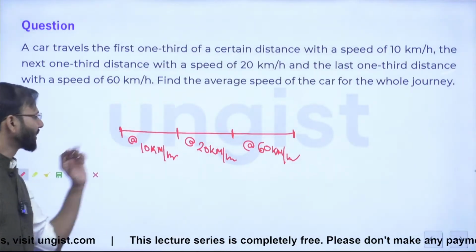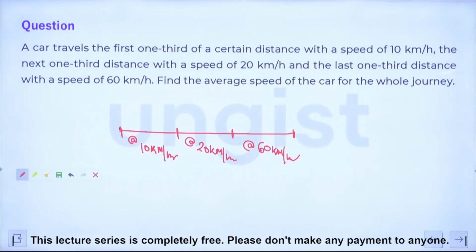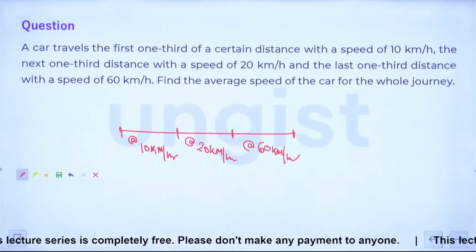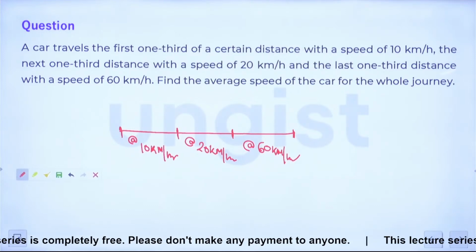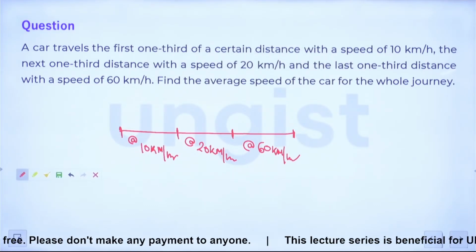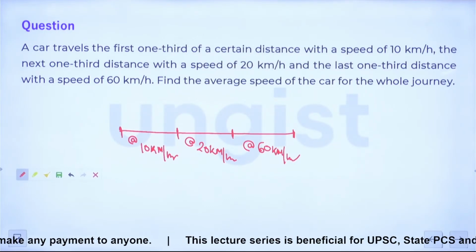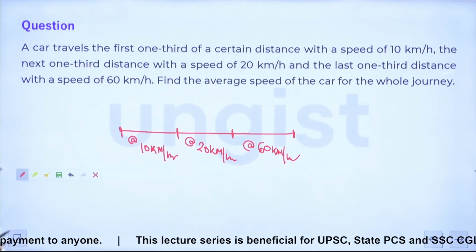See everyone, at the rate of 10 km/h he travelled the first 1/3. Again at the rate of 20 km/h he travelled the next 1/3, and again the next 1/3 he travelled at the rate of 60 km/h.